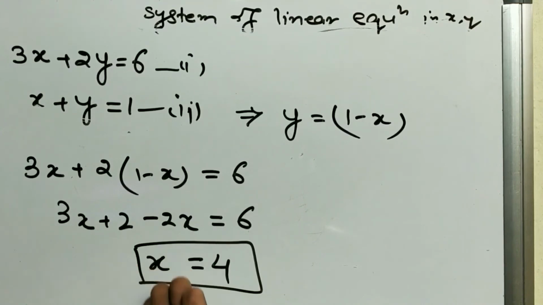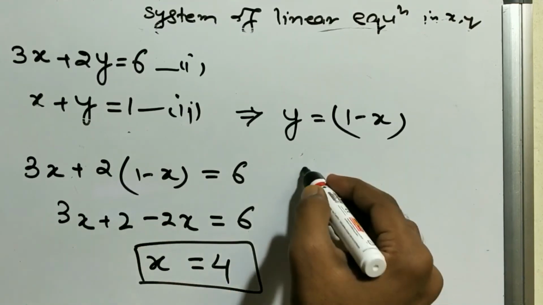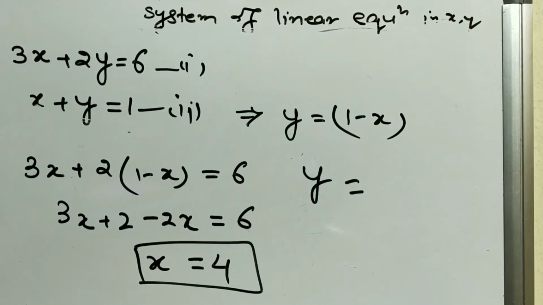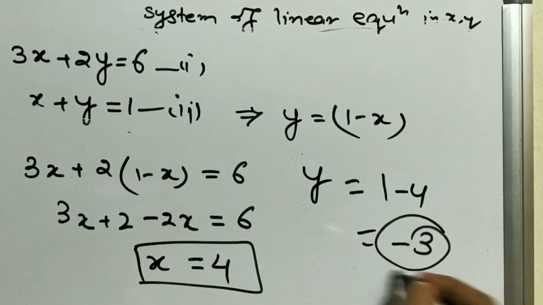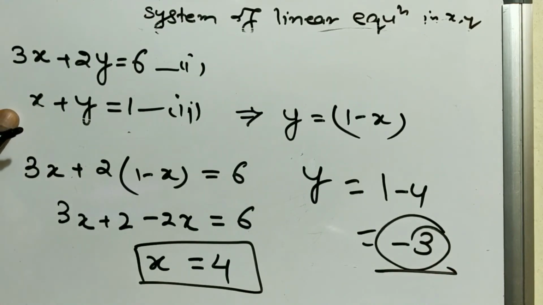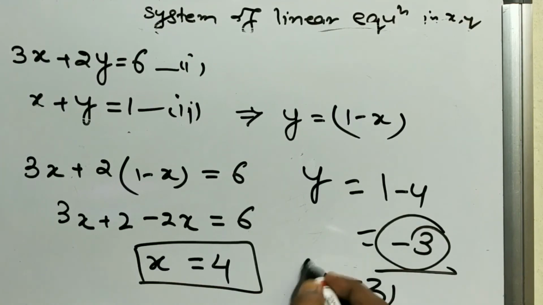For x is equal to 4, we can easily find the value of y. This is 1 minus 4, which is equal to minus 3. So the solution for this set of linear equations is (4, minus 3), and it is definitely lying in the fourth quadrant, as we have seen in the graphical method.